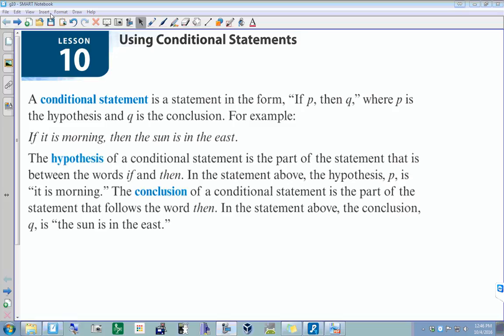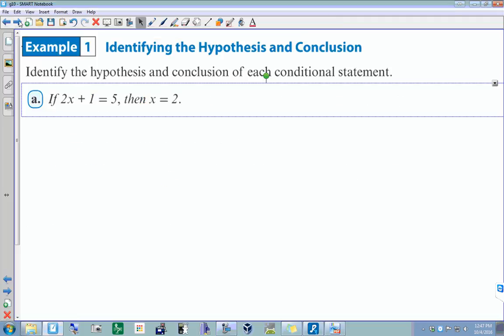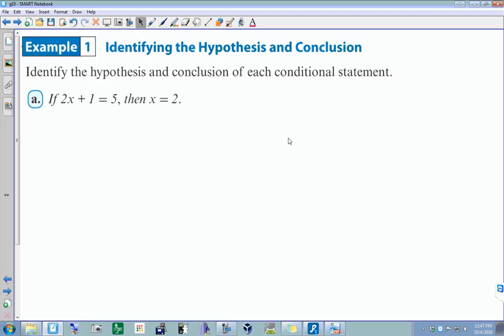So, let's take a look at this. I want to identify the hypothesis and the conclusion of each conditional statement. Now, when we're taking a look at this in terms of an equation, if something happens, then we get something else. So if I have the equation, then x is equal to 2.